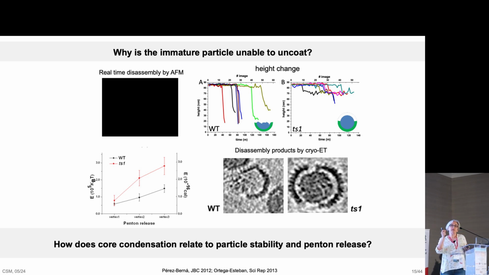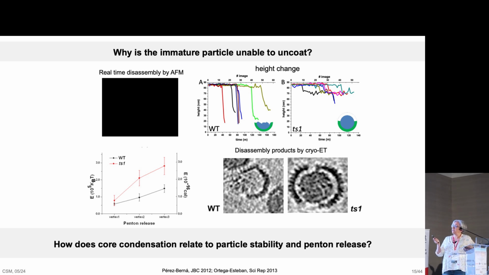So because we know how many images we have taken when each one of the pentons is lost, we can estimate the amount of energy that we need for the virus to start losing pentons. And we observed that in the immature particle, which is this mutant, TS1, we need more energy to make it lose the pentons. The pentons are more stable in the immature virus.